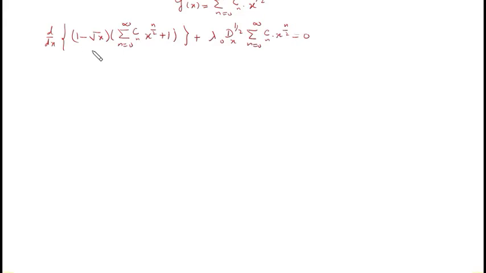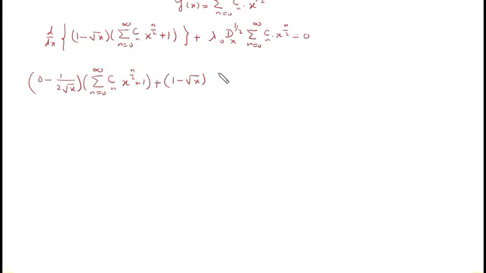Okay, now I will differentiate it. It has two terms. I will apply the product rule of differentiation. First, I will differentiate this term. The derivative of 1 is 0, so 0 minus the derivative of square root of x, which is 1 over 2 times square root of x, and then this term will remain as it is, summation n from 0 to infinity cn x to the power n by 2, then plus, I will hold this term 1 minus square root of x, and then I will differentiate this series.